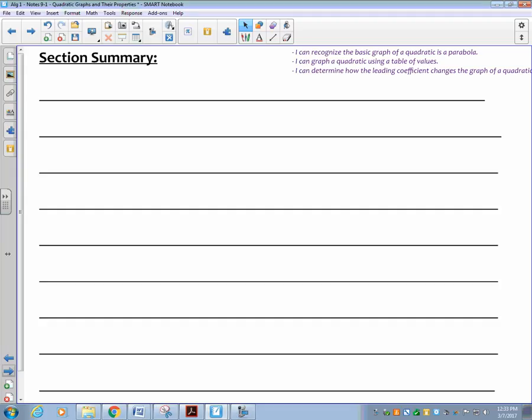Rudy wants to take the task. So address what positive and negative does to the shape of the graph and how to make a fat graph. All right, rest of you doing okay?